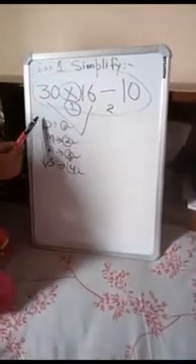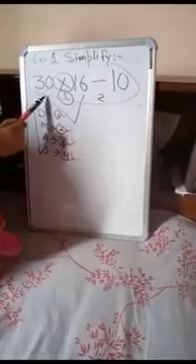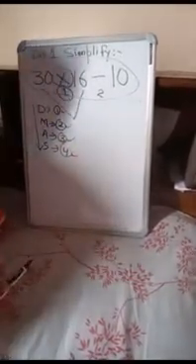Here only multiplication and subtraction signs are there. So according to the rule of DMAS, which operation will we do first? Multiplication. So the first step is to multiply 30 and 16.